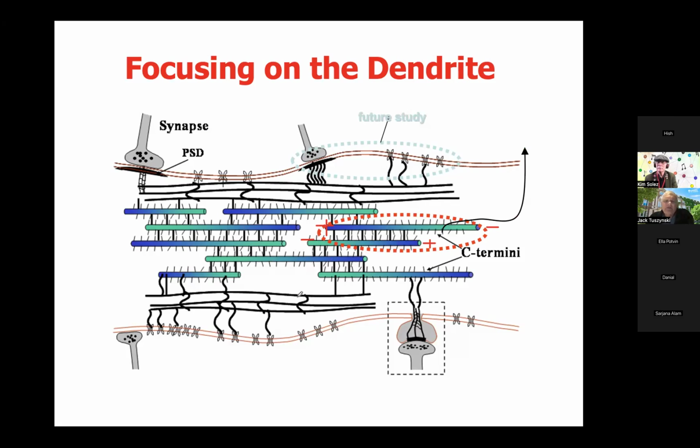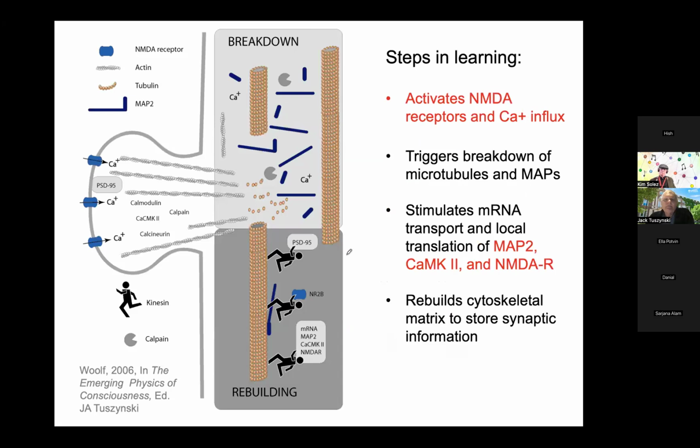That means every other microtubule is flipped in the opposite direction to the previous one, which might lead to something like back propagation of signals, or maybe some backward and forward propagation of signals and feedback loops and all this.